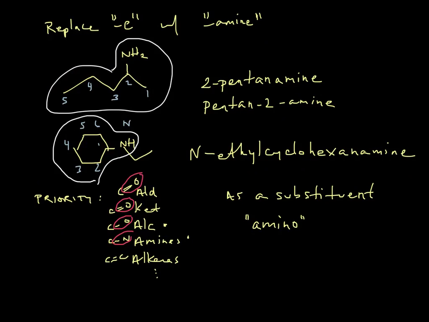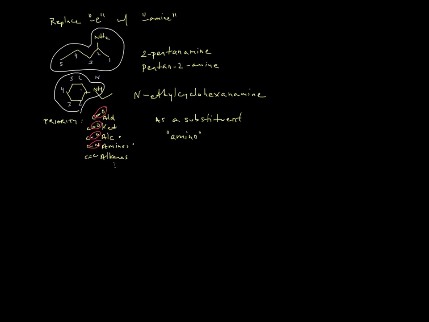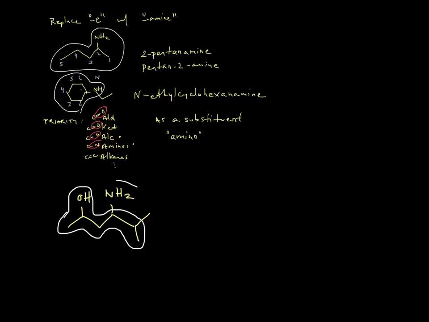So for instance, if I had a molecule like this one, let's make this a little bit bigger, and I had my alcohol over here, then my main chain would be including the highest priority functional group, which as you can see up here, the alcohol is higher priority than the amine. So the amine would be a substituent, and this methyl group right here would be a substituent.